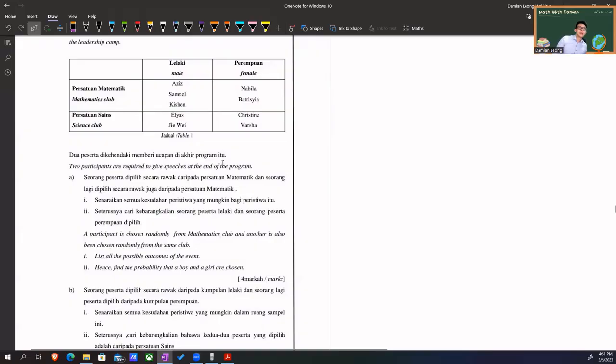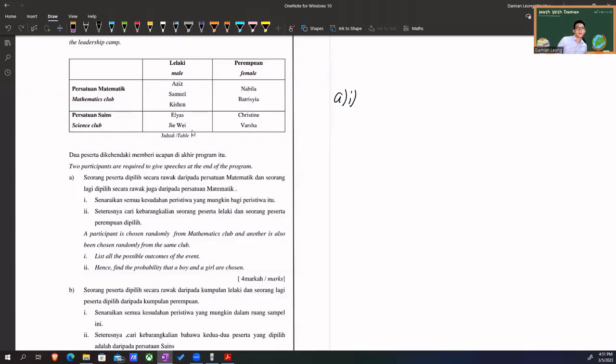So basically, there is no restriction whether it's male or female for the first one. For A1, all the possible outcomes is just each one matches with the other.